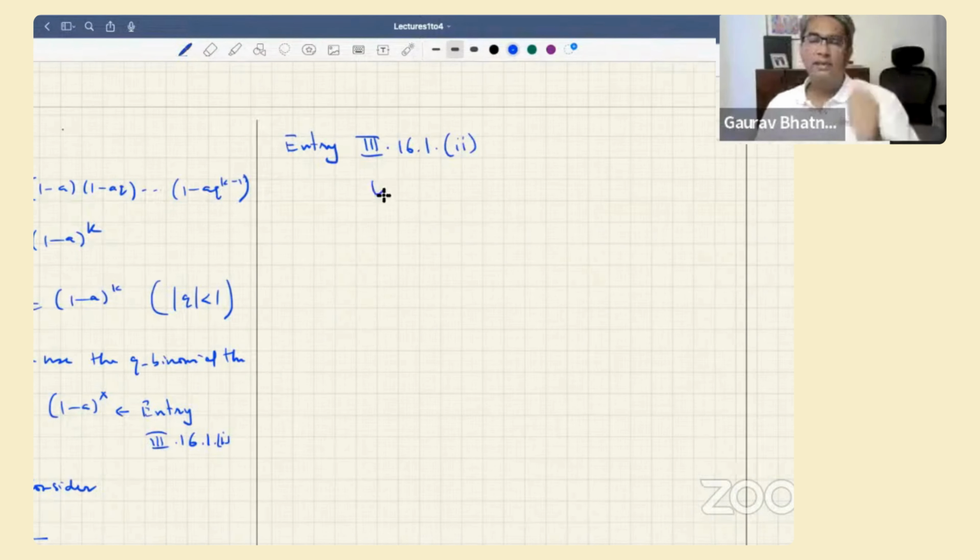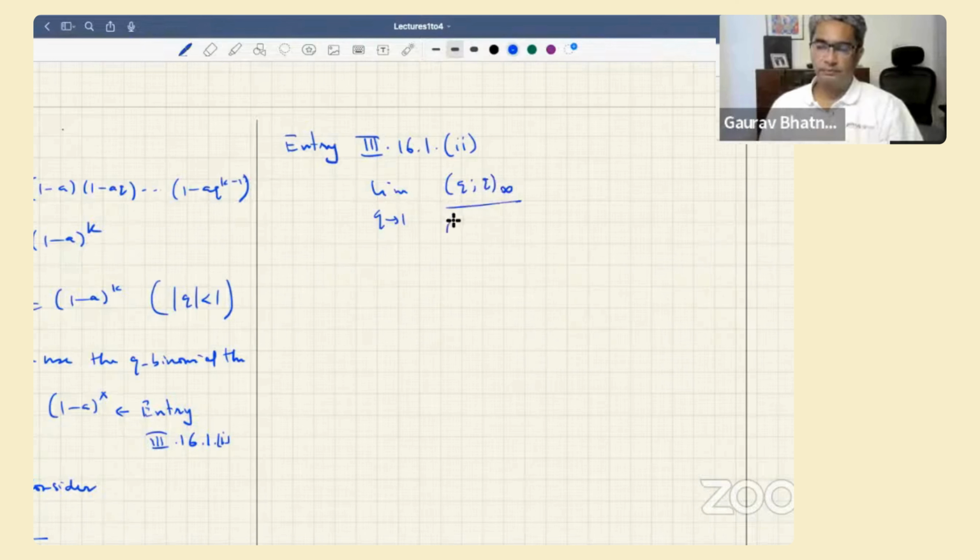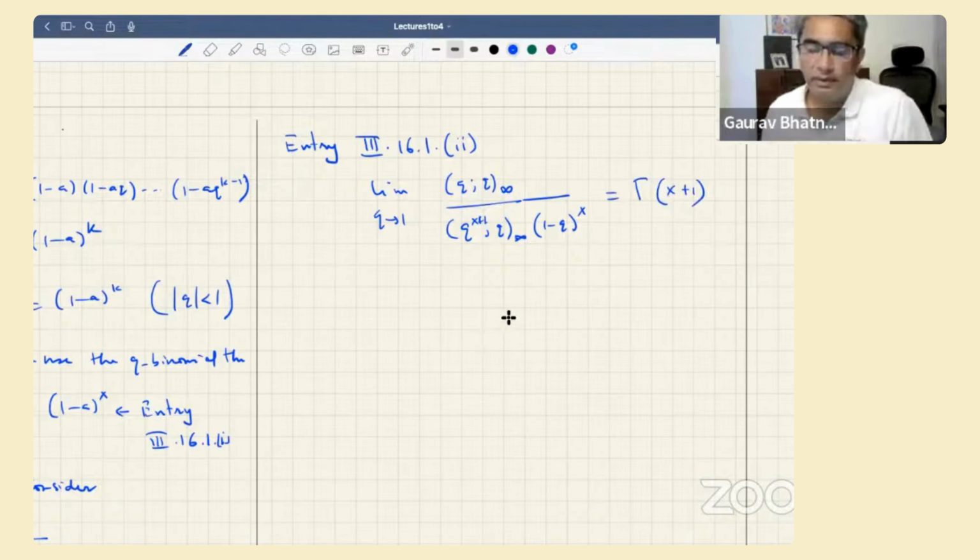And this says simply that the limit as q goes to 1 of (q; q) infinity, now I'm putting q raised to x instead of x plus 1, or I can just keep it x plus 1, so 1 minus q raised to x, this is equal to gamma of x plus 1.